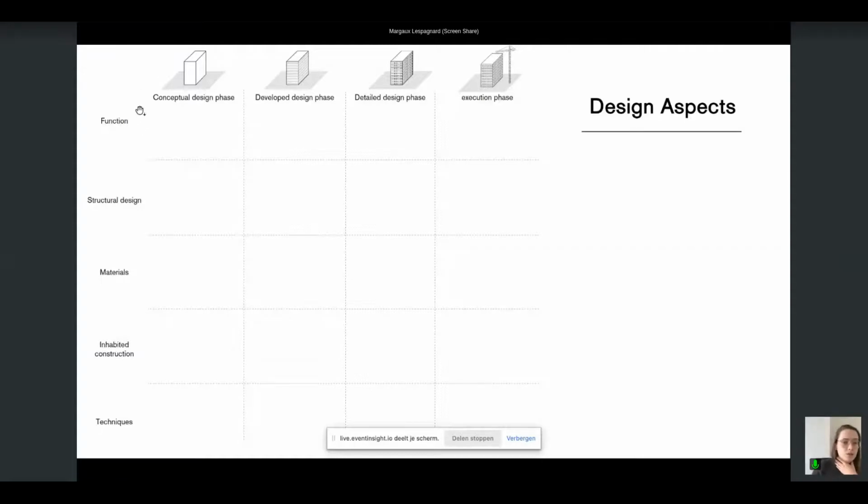In this case, we chose the function of the renovation, the structural design of the part of their renovation strategy, the materials going from structural materials all the way to detailed materials, the inhabited construction, which was something very specific to these case studies, where several case studies made their strategy in such a way that people could keep on living in the building while the renovation was going on. And then we also chose techniques to give a bigger picture of how the design process worked.